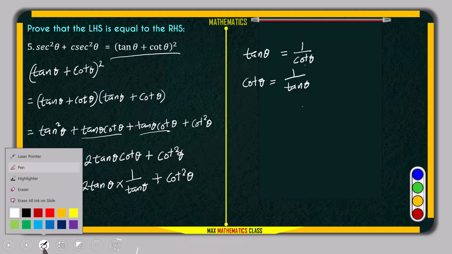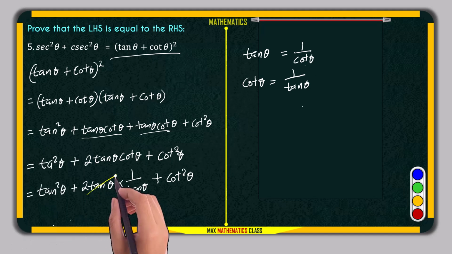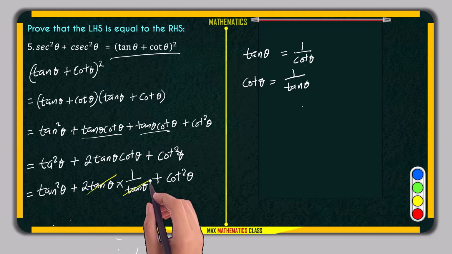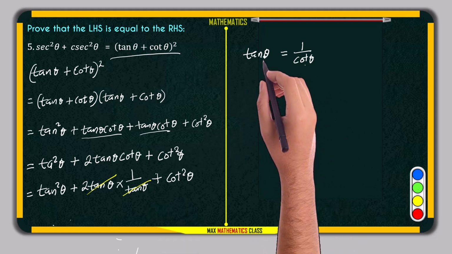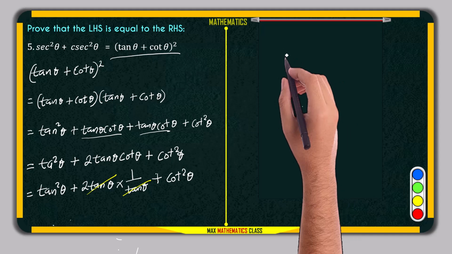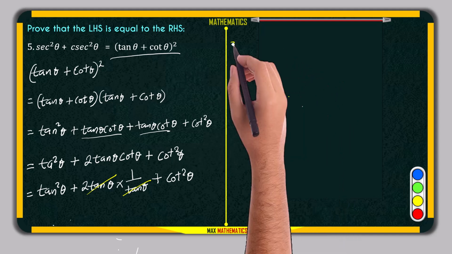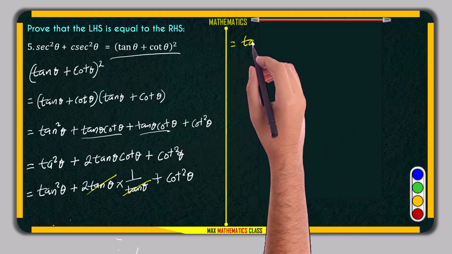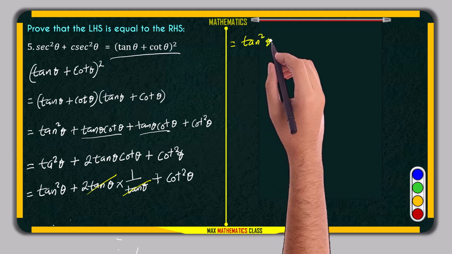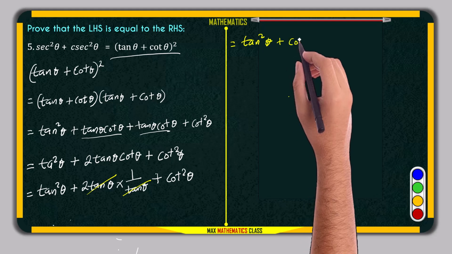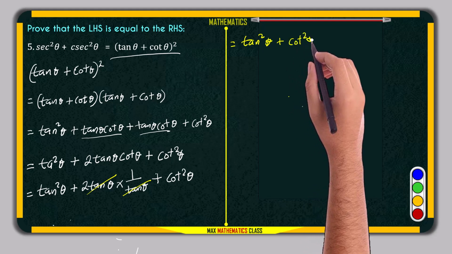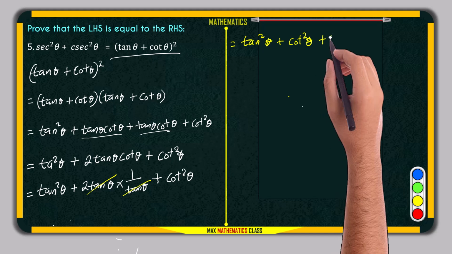So from there, this tan theta will cancel out this. So what we now have is tan square theta plus cot square theta plus 2.